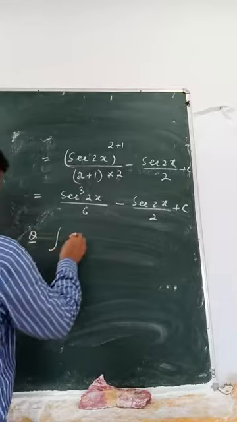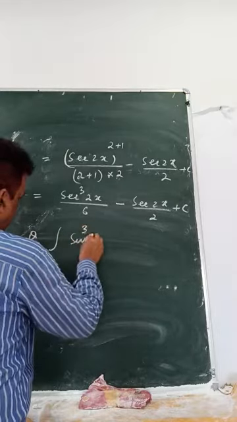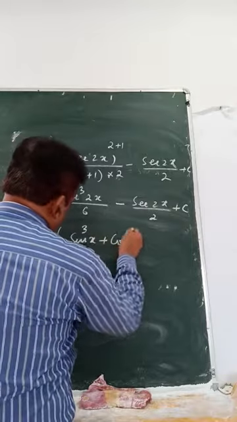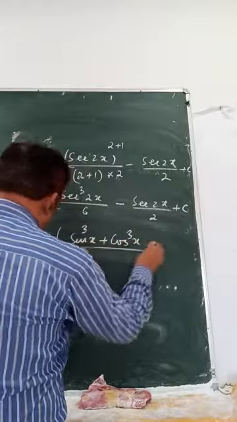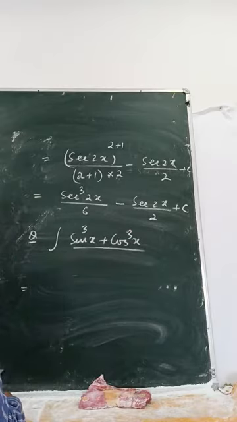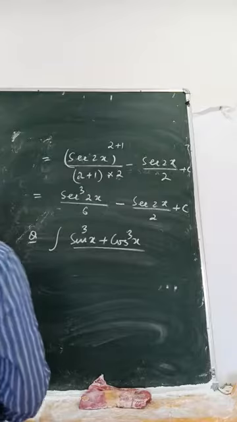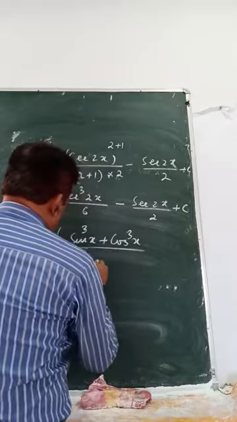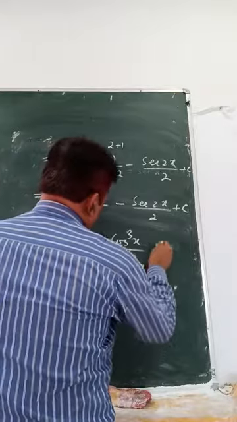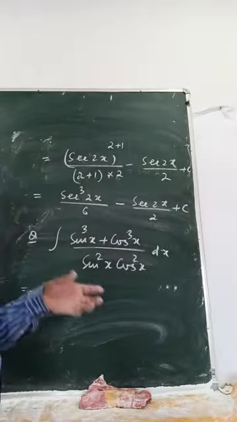If you get (sin cube x plus cos cube x) divided by sin square x cos square x, how does it look?